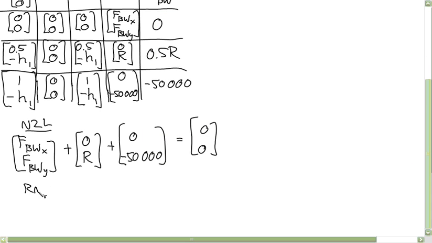And the rotational version says MBW plus 0.5R minus 50,000 is equal to 0.